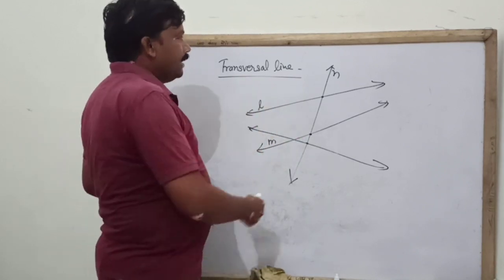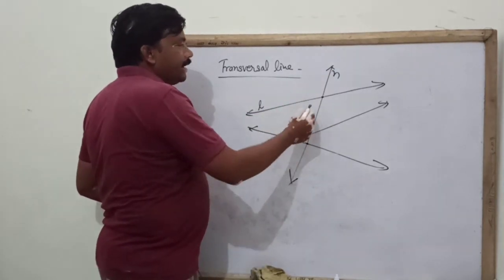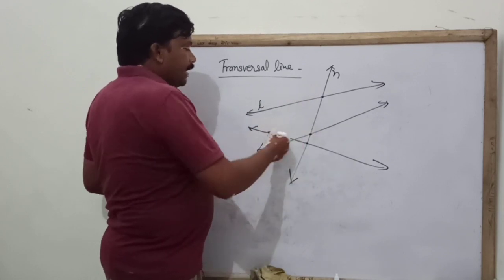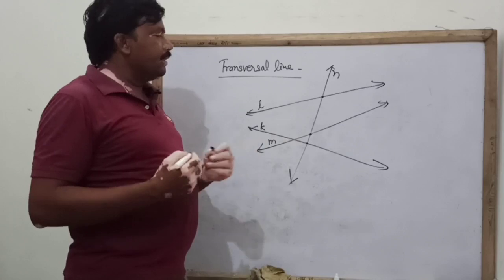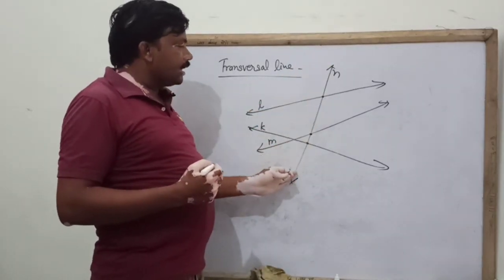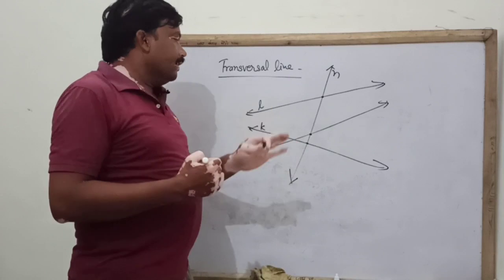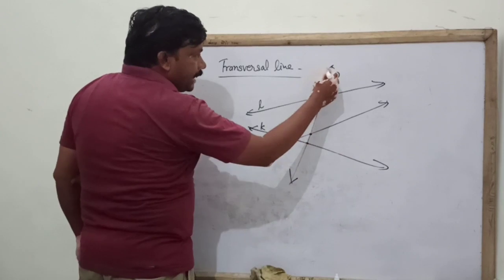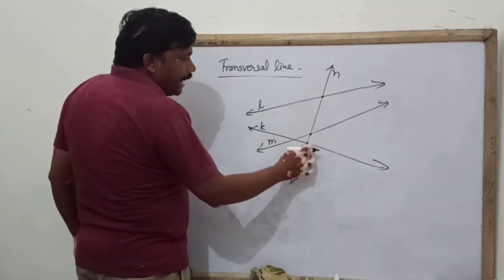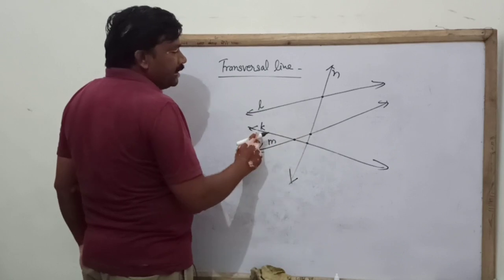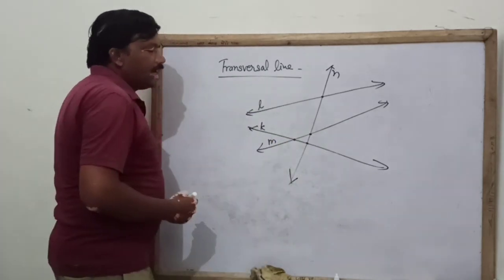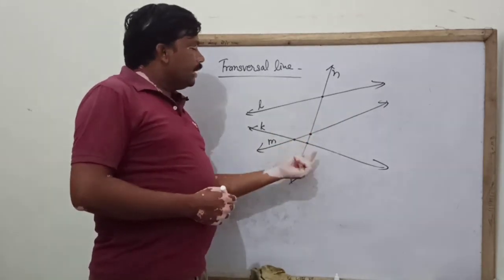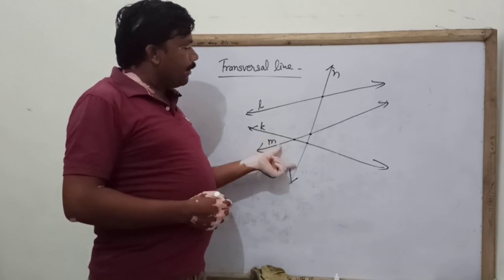So we can say that line N is intersecting line M at this point and line L at this point, and line K is intersecting at this point. Then this line is a transversal of these lines. We also see that line K is intersecting line N at this point and line M at this point, so it is also a transversal. M is also a transversal for these two. K is a transversal for these two.